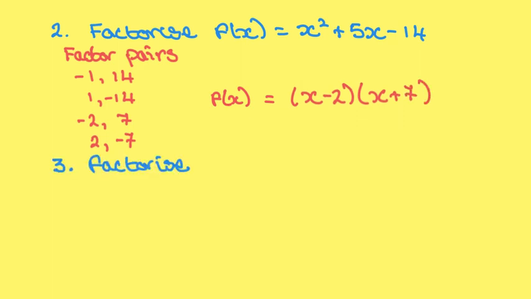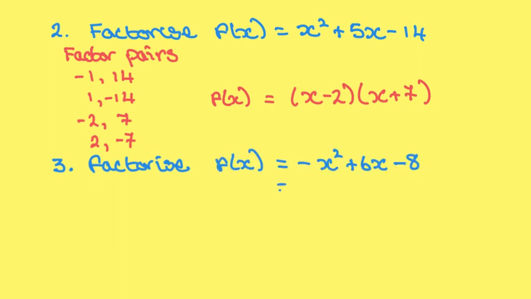Question 3. Factorize f of x equals minus x squared plus 6x minus 8. Well, our a value is not 1 in this case, but we can make it 1 by factorizing out the negative sign.